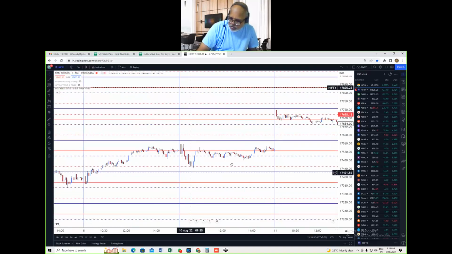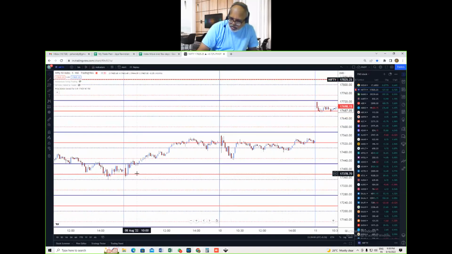Here also the day was not that good, but here you can see you are getting a very good trade. After the first three candles, when the market closed above this level, you would have got approximately 120 to 130 points. And even if you had closed at the last at 315, you would have got 100 points in this trade.